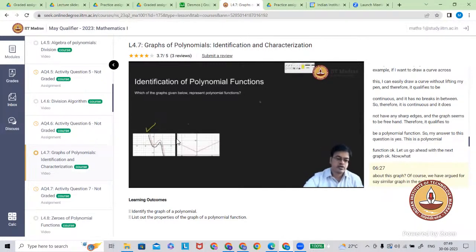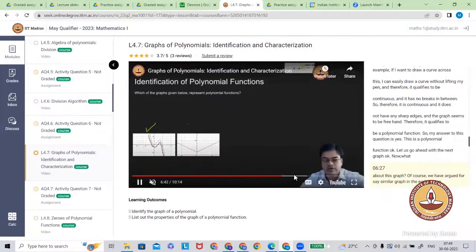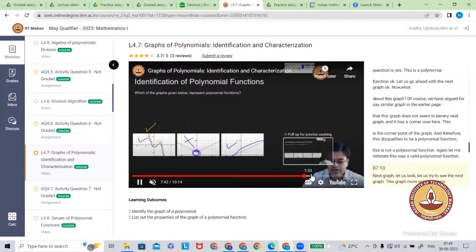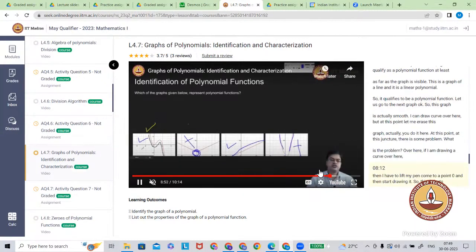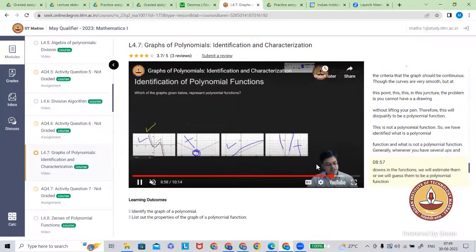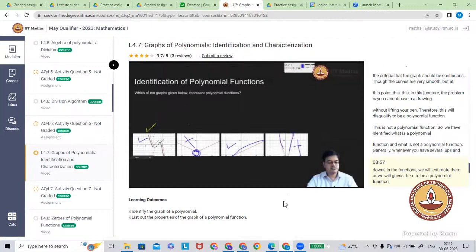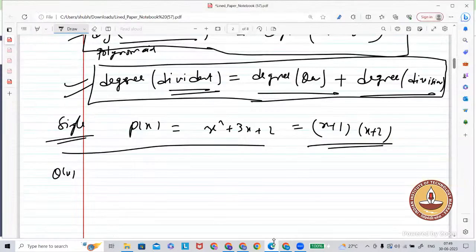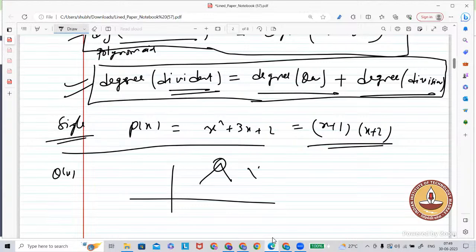It will be smooth, as this lecture also discusses. There will be no break and no sharp corner. Smoothness means no sharp corner and no break.